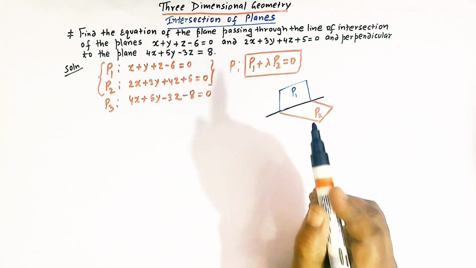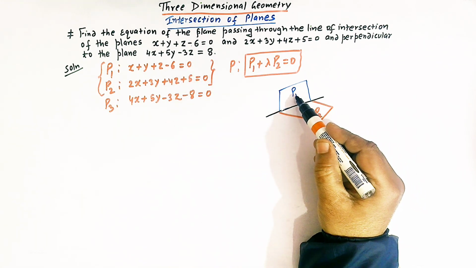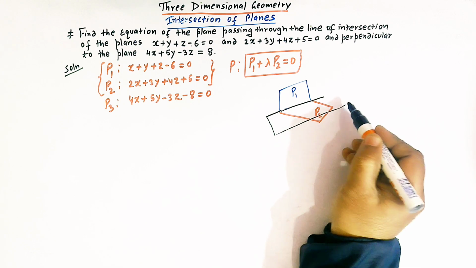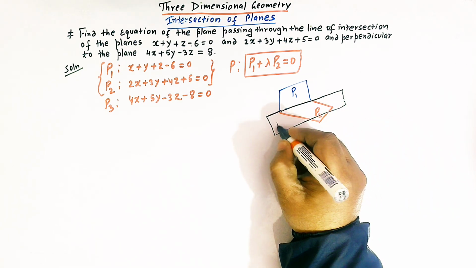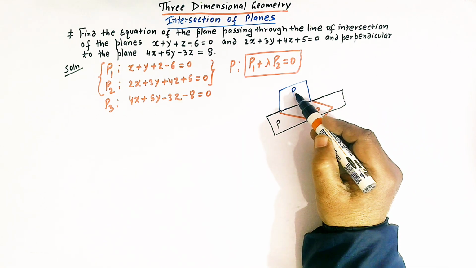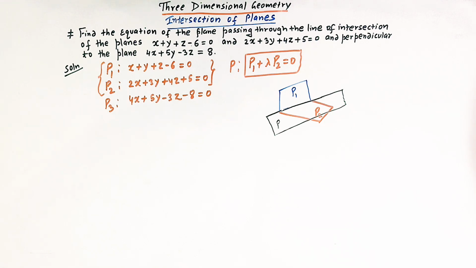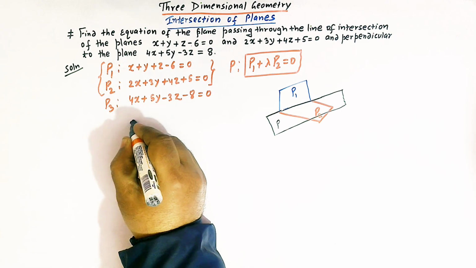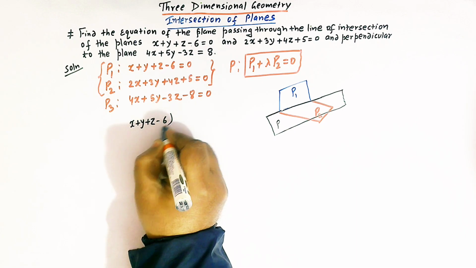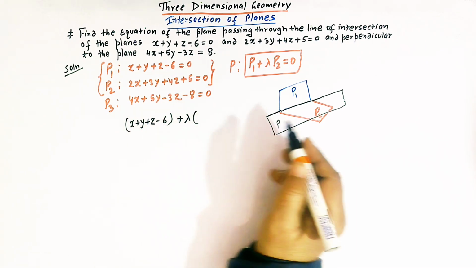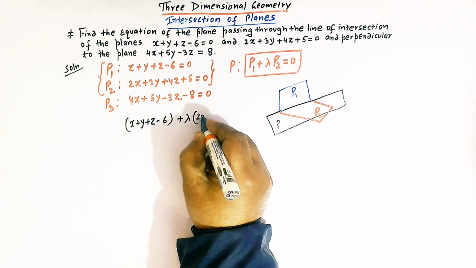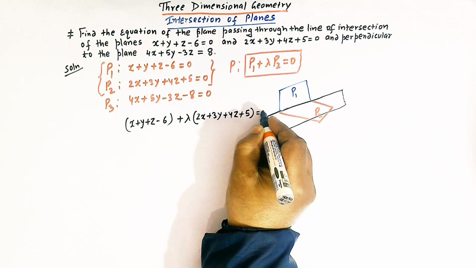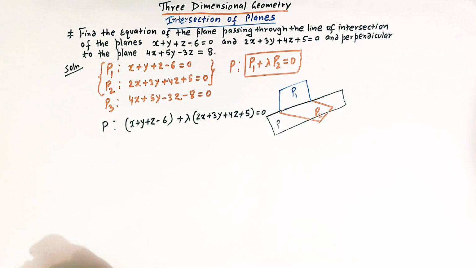The plane which passes through the intersection of P1 and P2 is this plane P. Now let us substitute the value of P1, that is x + y + z - 6, plus lambda times P2, where P2 is 2x + 3y + 4z + 5. So this is the plane P.